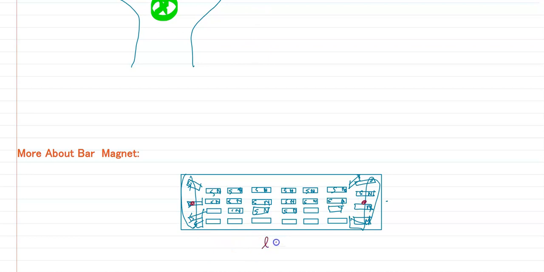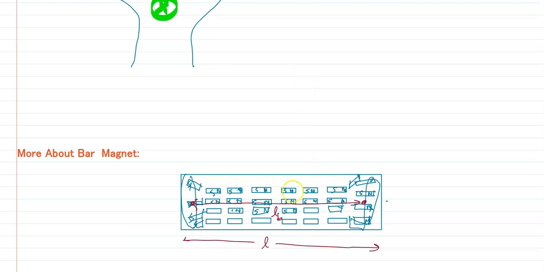So the actual length between the two poles is not equal to the length of the bar magnet. The length between the two poles is L_B, which is less than the length of the bar.